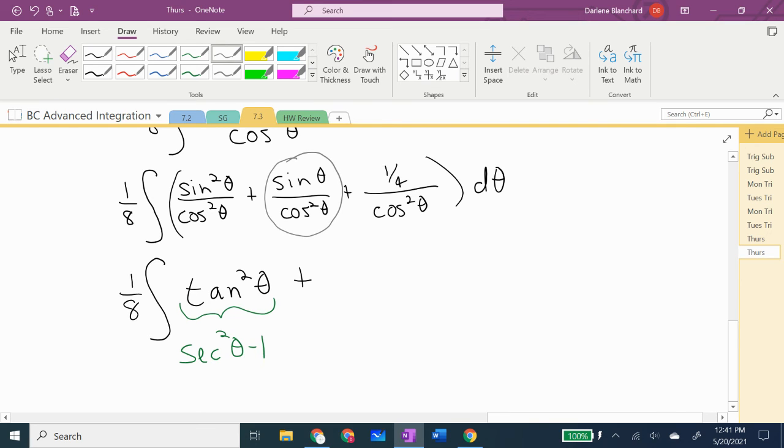This can be integrated by either doing a u substitution of cosine, or you might realize that what you have there is sine over cosine, which is tangent, times 1 over cosine, which is secant, and you might recognize that. That is the answer to a derivative. And then I have a 1/4 times, and cosine's reciprocal is secant, and it is being squared.